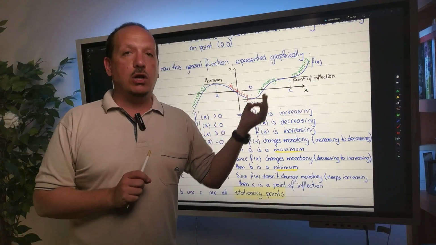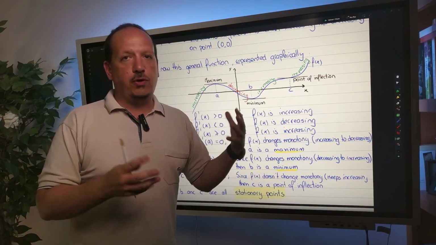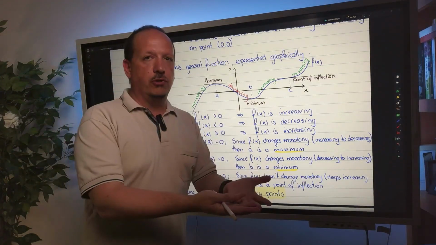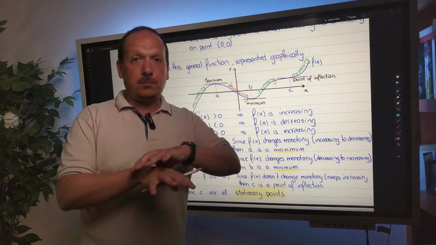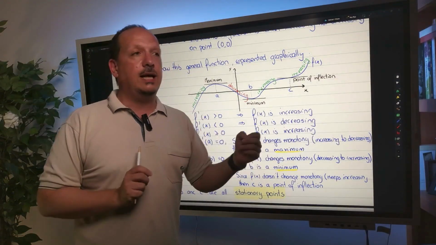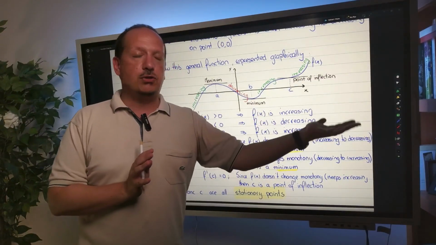So if you want to calculate the coordinates of the stationary point, first of all, you have to differentiate the original function, so that you have the function of all possible gradients, and then equal this function to 0 and solve it. You're going to have an equation.